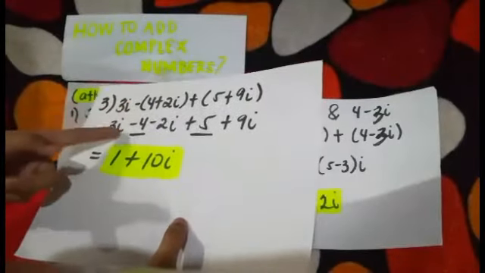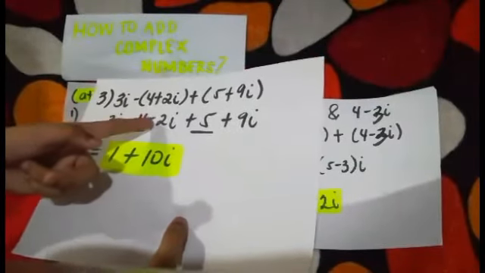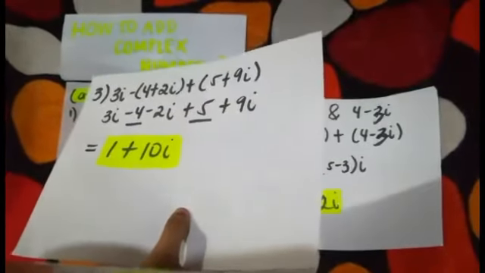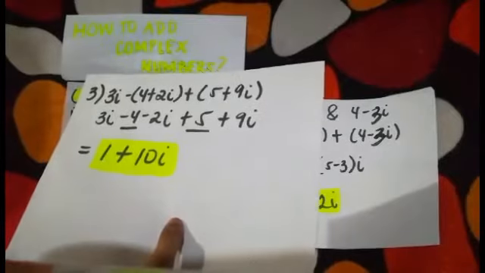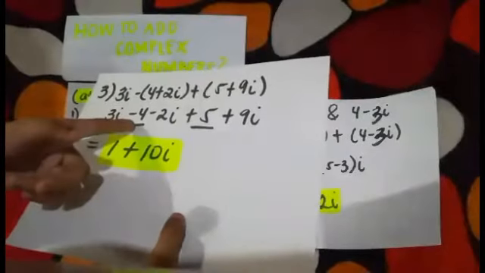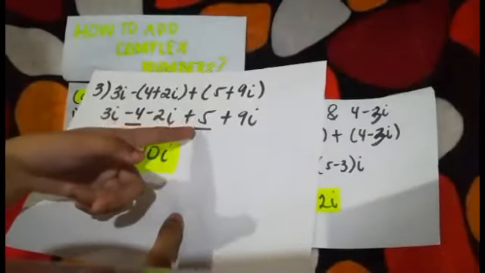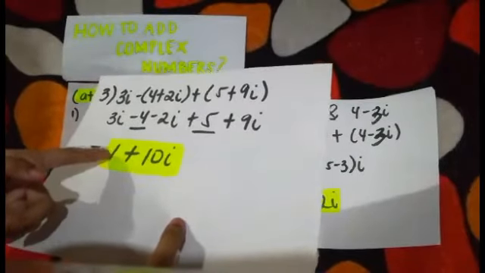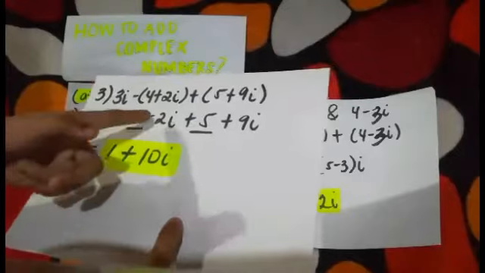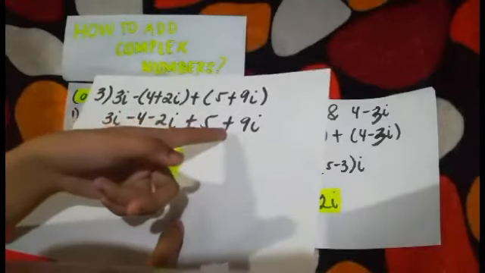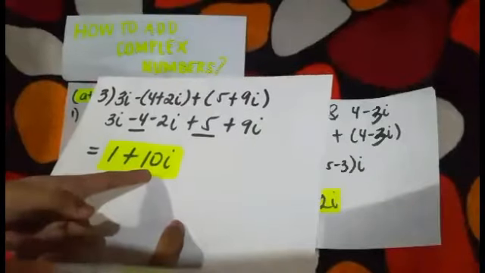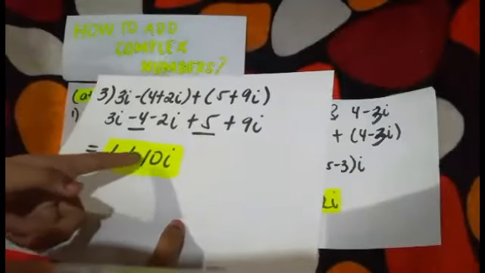So 3i minus 4 minus 2i plus 5 plus 9i. Then we add the real parts. Negative 4 plus 5 is equal to 1. Then 3i minus 2i is equal to i, plus 9i is equal to 10i. So the answer is 1 plus 10i.